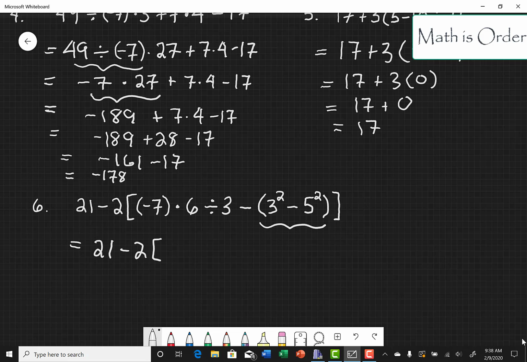and we just carry out that operation inside the innermost parenthesis. And I'm going to keep writing a parenthesis until there's just a single number inside. So 3 to the second power is 3 times 3, and that gives us 9. 5 to the second power is 5 times 5, which is 25.